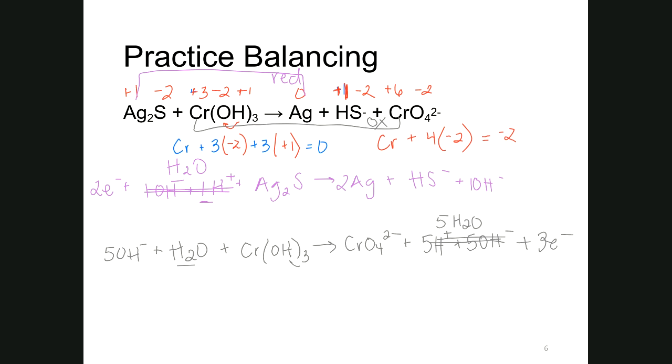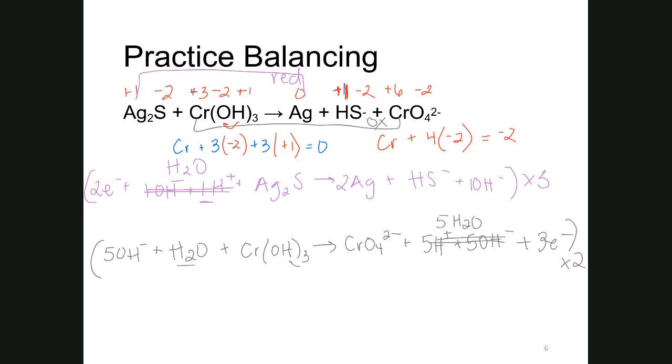So we take a look at our 2 half reactions, and our number of electrons do not equal each other. We have 2 electrons versus 3 electrons. So in order for these to balance out, we need to multiply the top equation times 3, and we need to multiply the bottom equation times 2, so that we end up with 6 electrons in both equations.